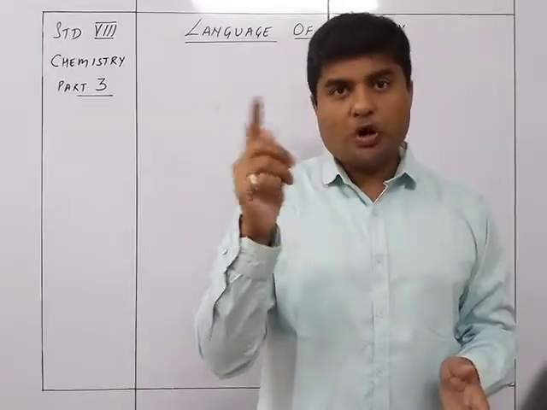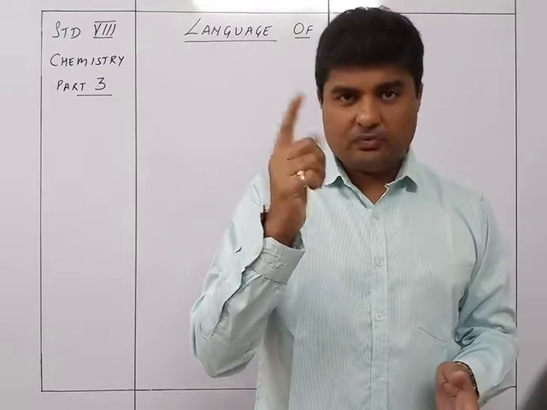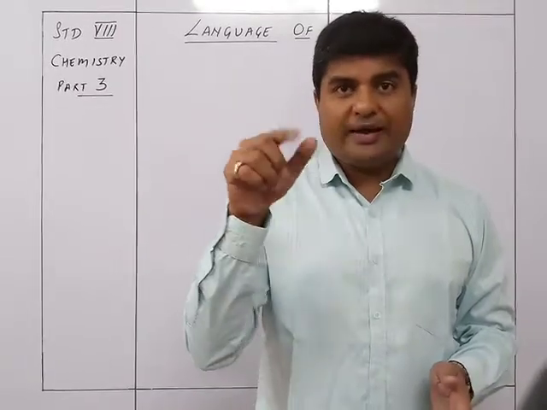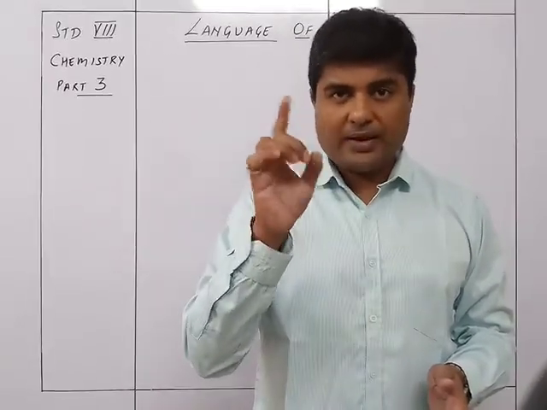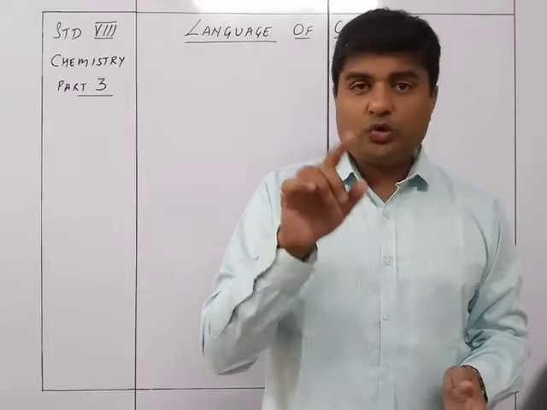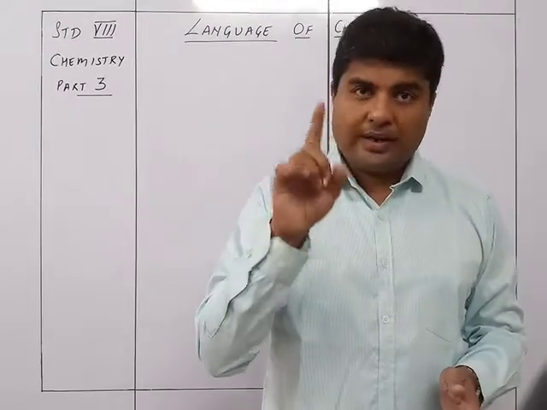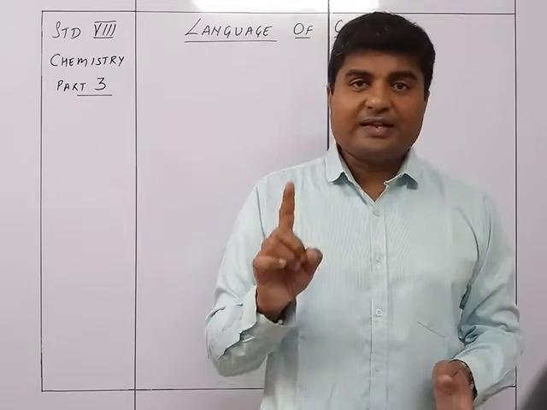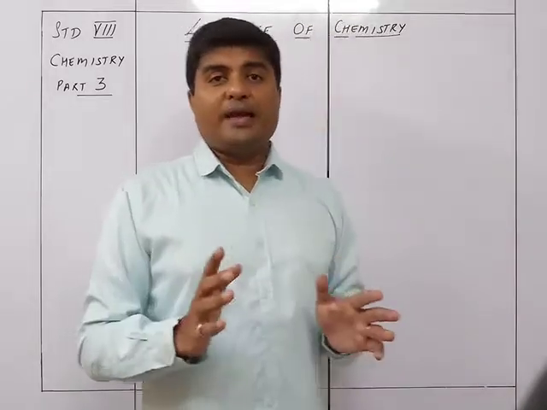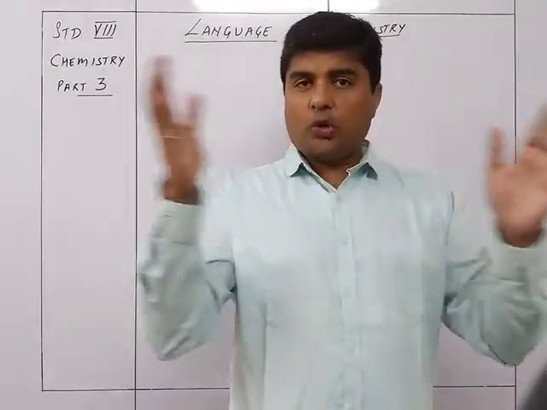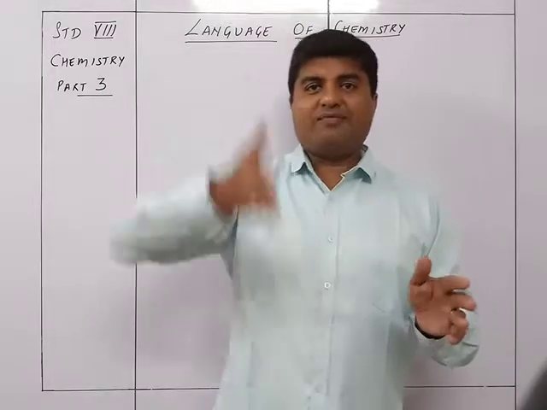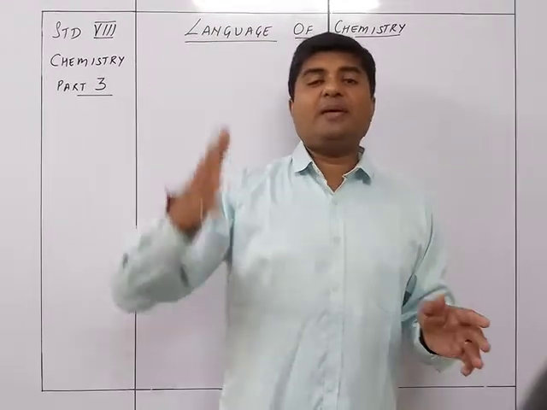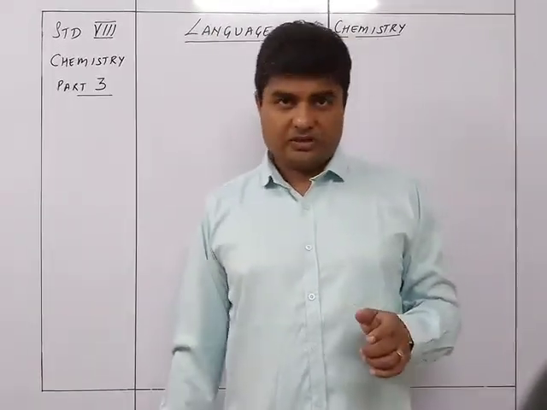Lithium 2, 1, that is also plus 1 valency. Sodium 2, 8, 1, again plus 1 as the valency. Potassium 2, 8, 1, again plus 1 as the valency. So you can see that the periodic table helps you group all the elements of the same valency together so that they have similar properties.